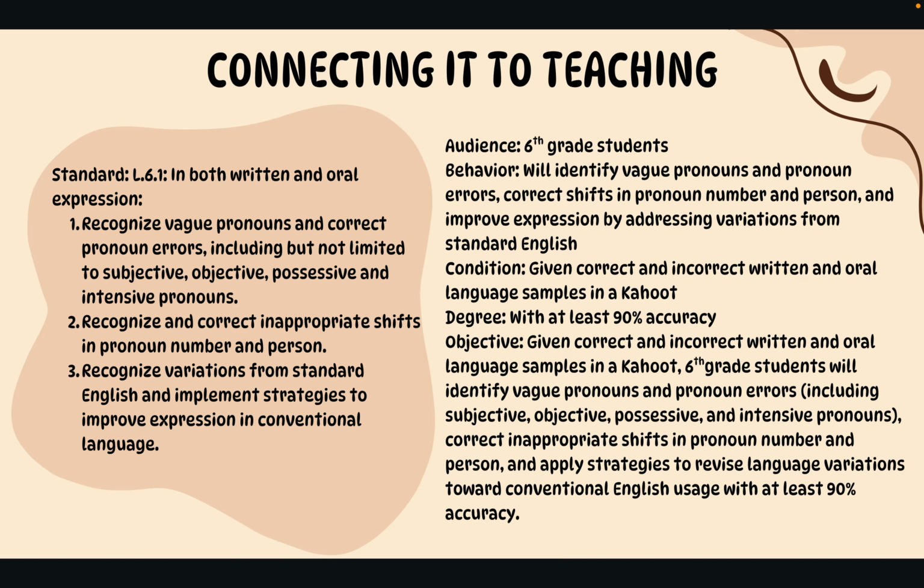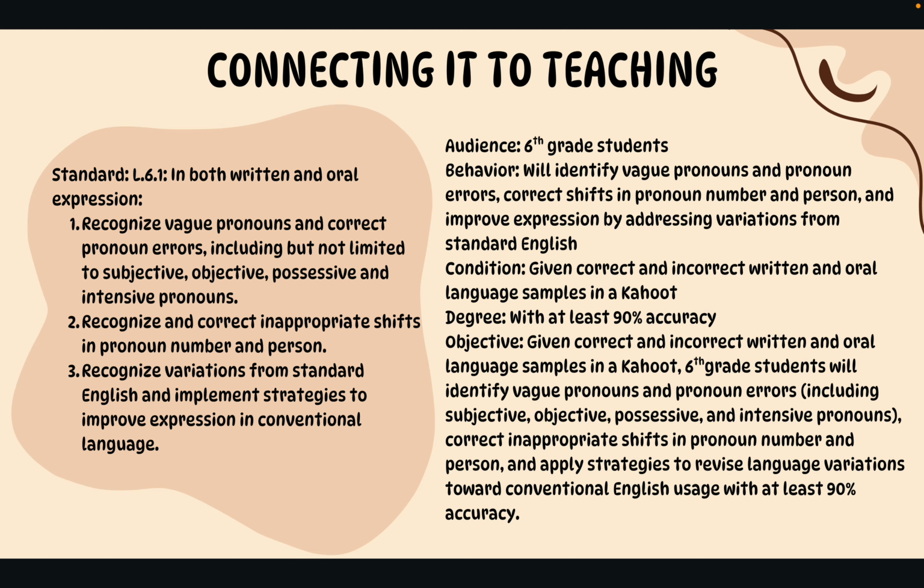They will identify vague pronouns, pronoun errors, correct shifts in pronoun number and person, and improve expression by addressing variations from standard English. They will be given correct and incorrect written and oral language samples in a Kahoot, and they will be expected to answer it with at least 90% accuracy.